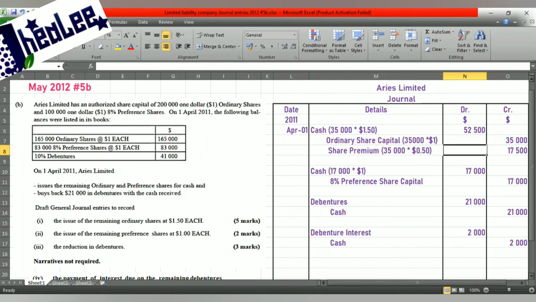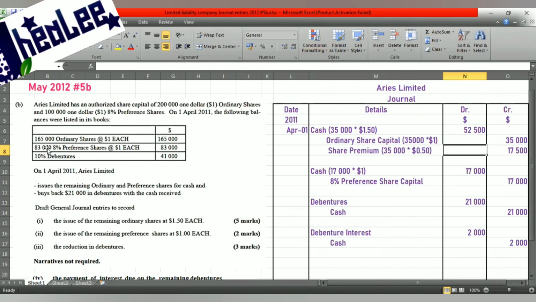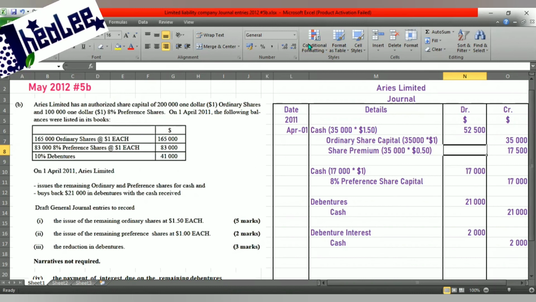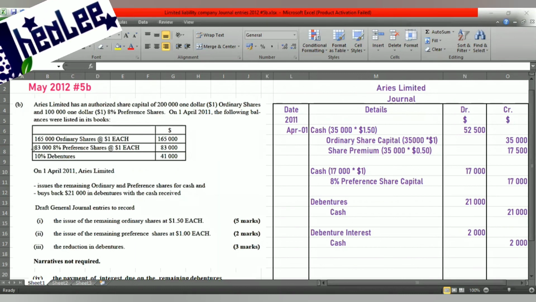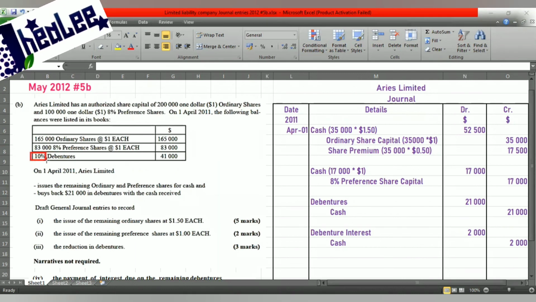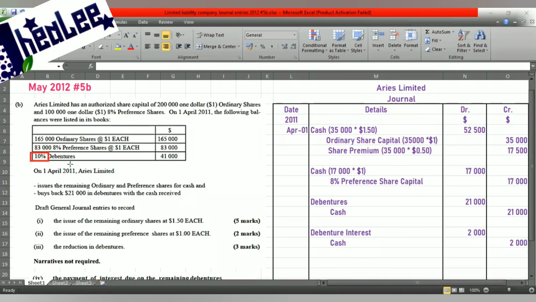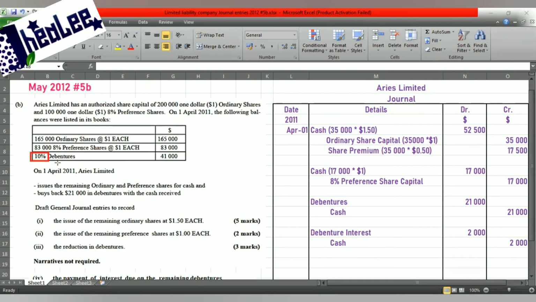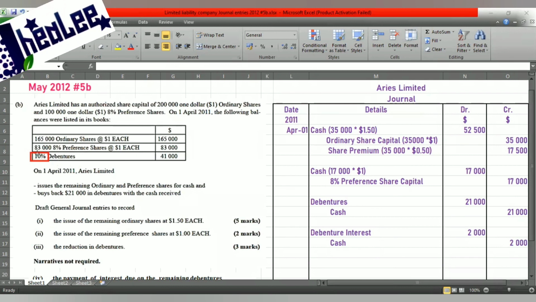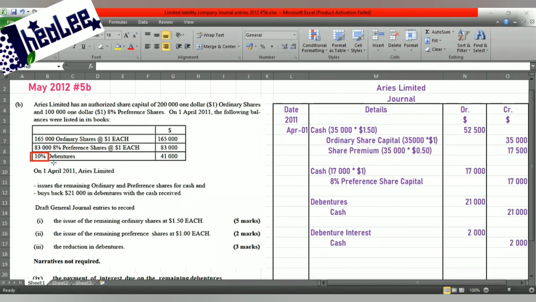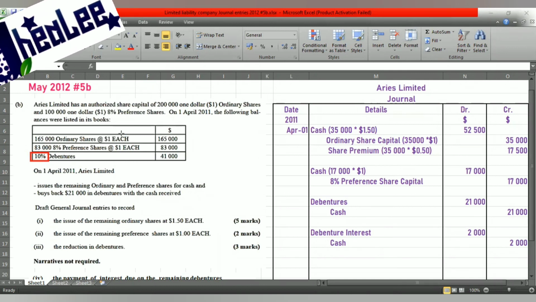Remember, once you're given the rate beside debenture, as you're seeing right here in the question, 10%, this 10% represents the rate to be charged on the debentures for interest per year.